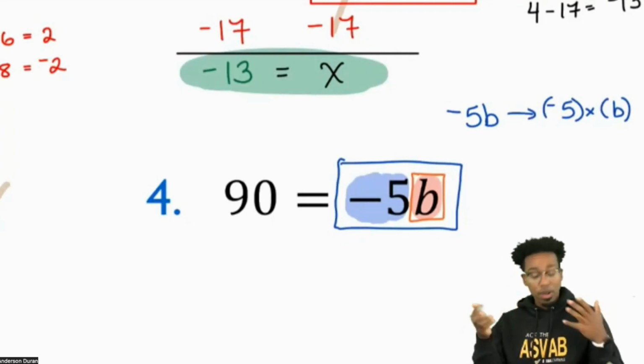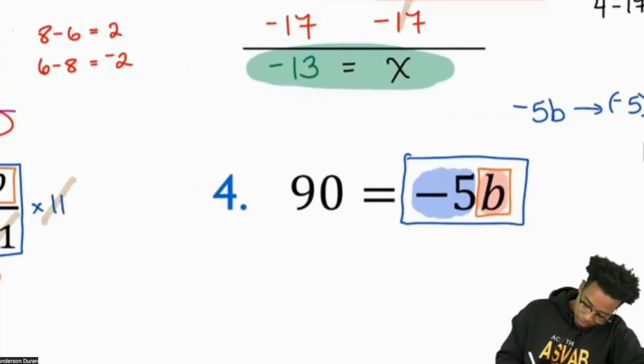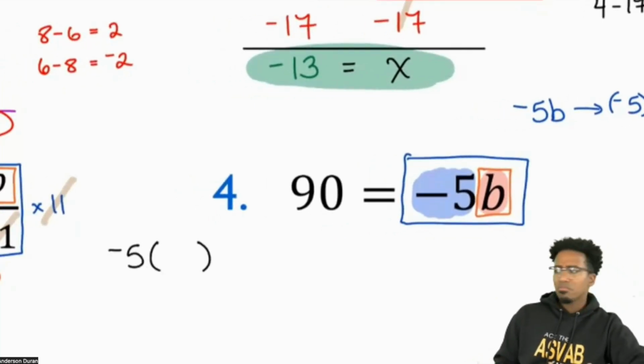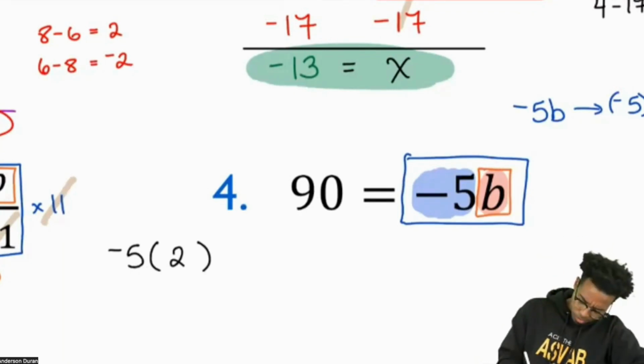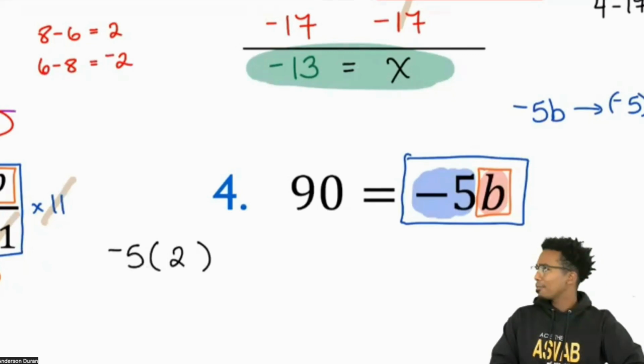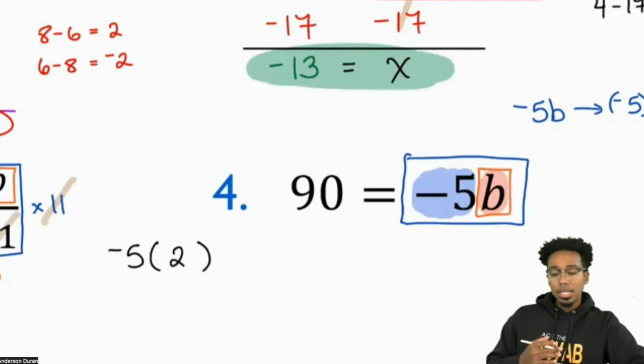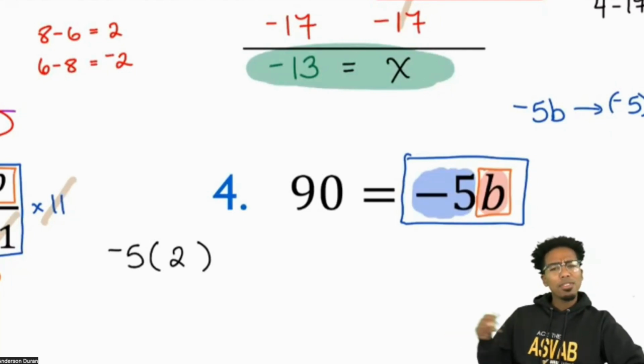Want me to prove a point? Here we go. I can go ahead and give you -5 with the parentheses. Instead of saying b, I'll say 2. So everybody, if we're looking at -5 and then the parentheses 2, or -5, 2, that means that we are multiplying -5 times 2. And everybody, what's -5 times 2?